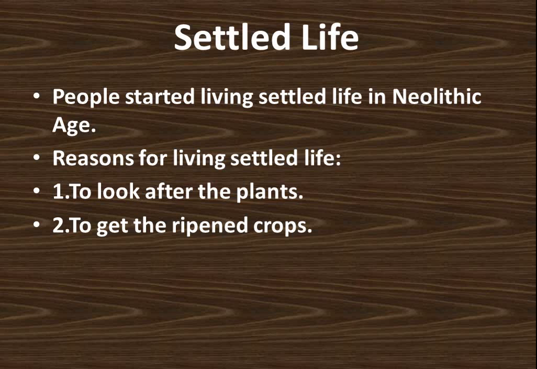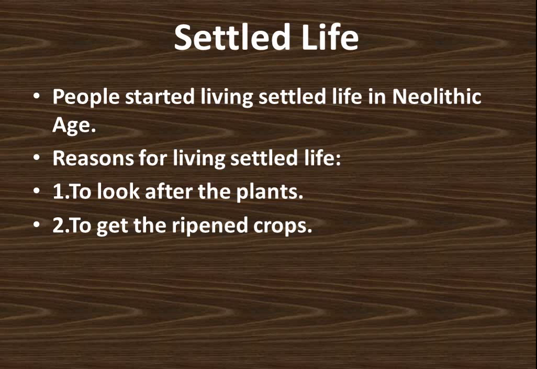Now, settled life. As I told you in the start, when people started keeping animals and growing their own crops, what was the reason that they started living a settled life? People started living settled life in the Neolithic age. If you remember, in the previous lecture we talked about the three stone ages.